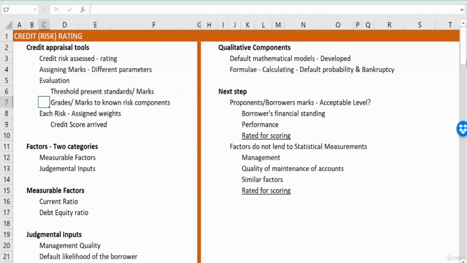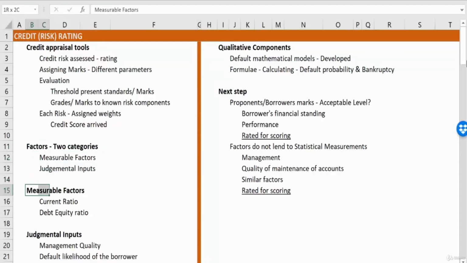Grades or marks will be given for non-financial risk as well. Here each risk is going to be assigned weights and then the credit score will be arrived at. Now these credit risk factors can be divided into two categories. One is measurable factors, the other is judgmental inputs.